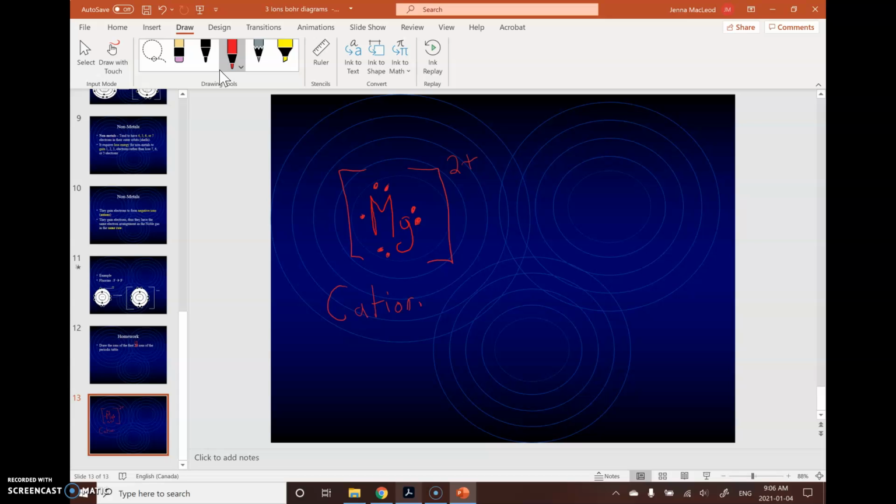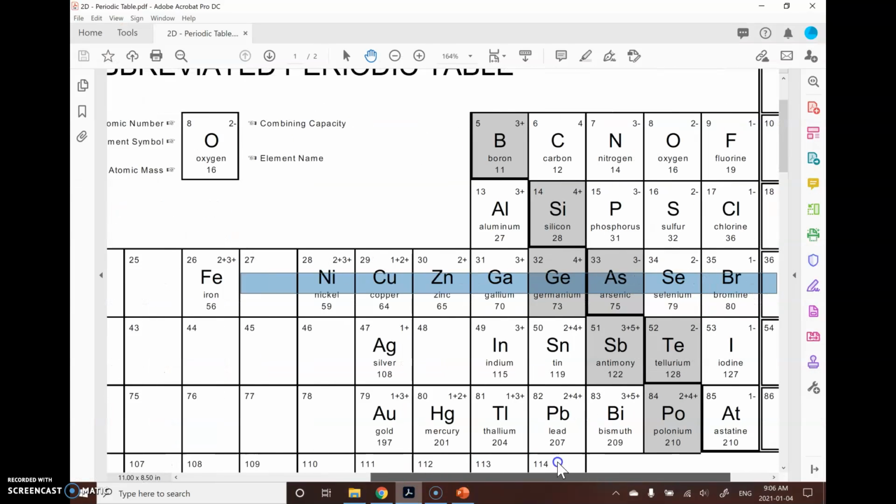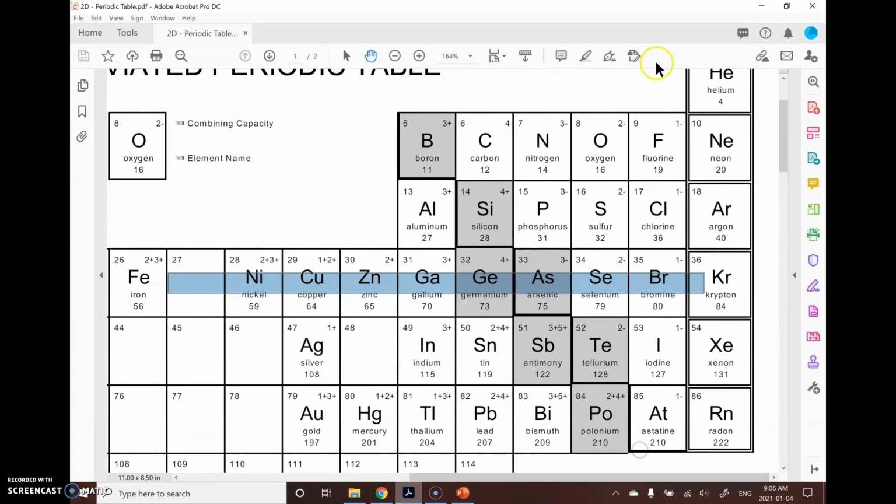All right, let's do a nonmetal now. Let's take a look at the periodic table. Let's do phosphorus. Okay, so we know it has a -3 charge. Okay, we know what our ion is going to be.